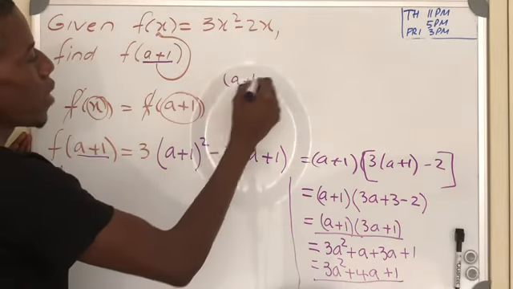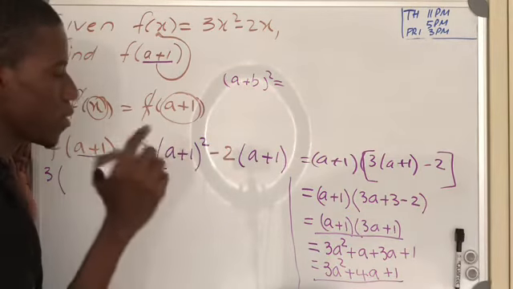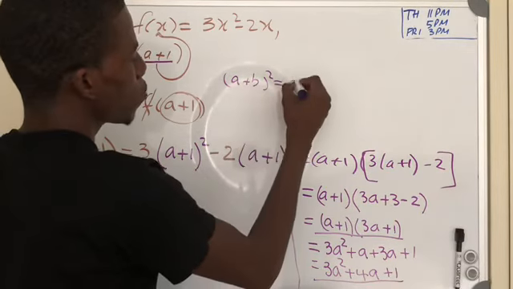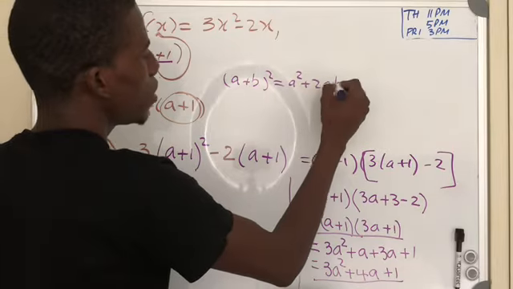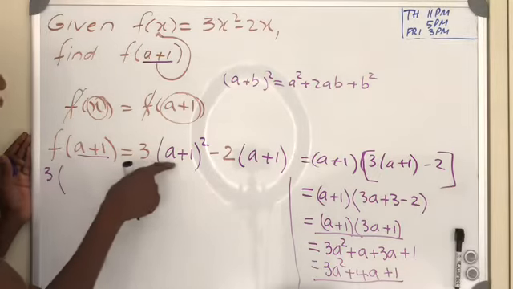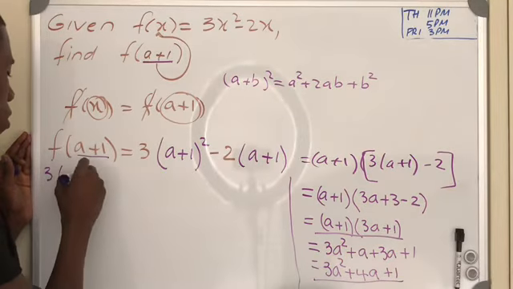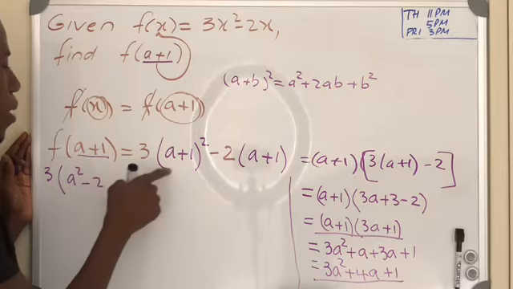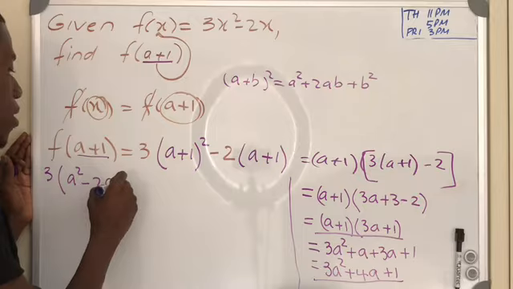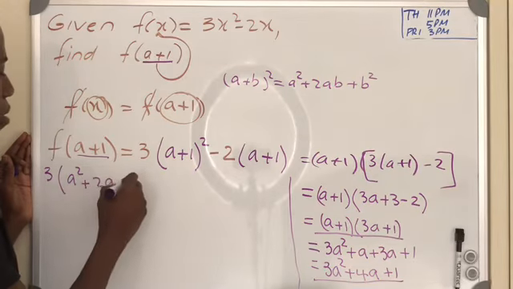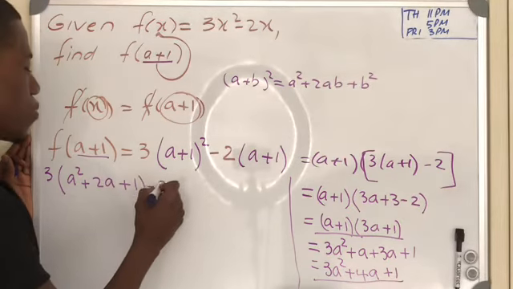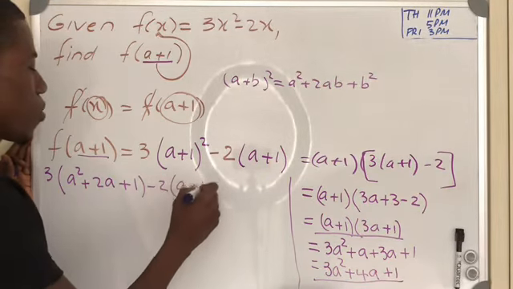That's an algebraic law that says a plus b squared is equal to a squared plus 2ab plus b squared. That tells me that a plus 1 squared is equal to a squared plus 2 times 1 times a, which is 2a, plus 1 squared, which is 1. Then minus 2 times a plus 1.